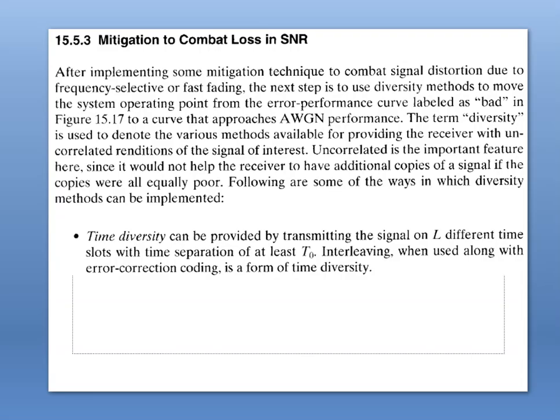When used along with error correction codes in the form of time diversity, that means in between every time interval we add an error correction code. It is one of the best approaches, as used in GSM technology.